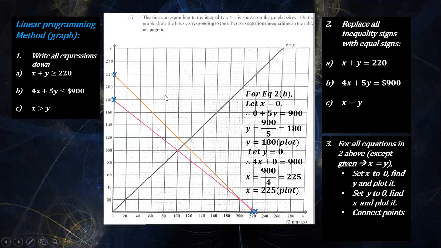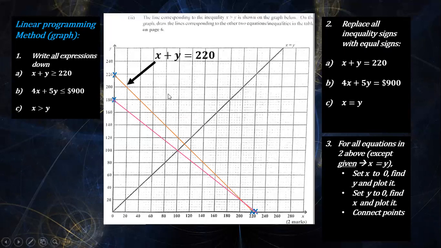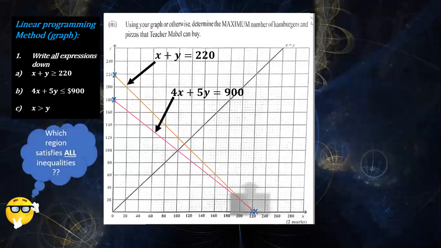Next, we know that's the line x plus y equals 220. And also that's the line 4x plus 5y equals 900. So the question is, which region satisfies all inequalities? The region that satisfies all inequalities has to be greater than x plus y equals 220.